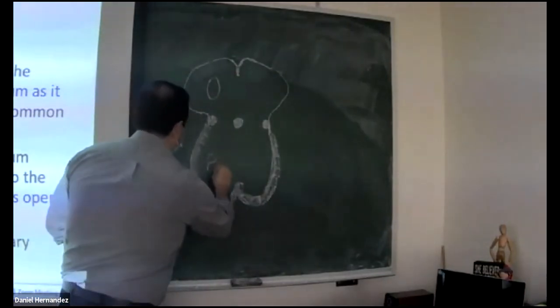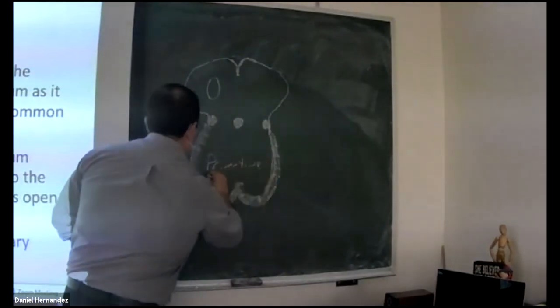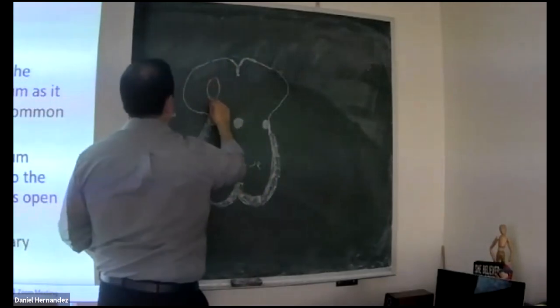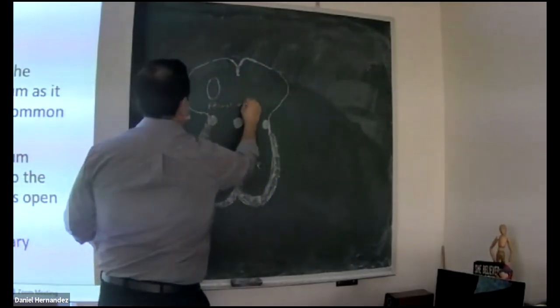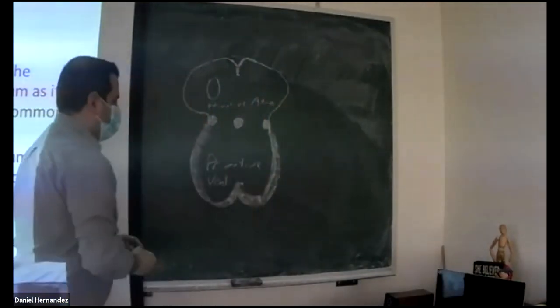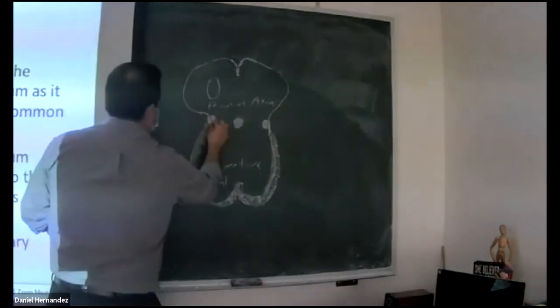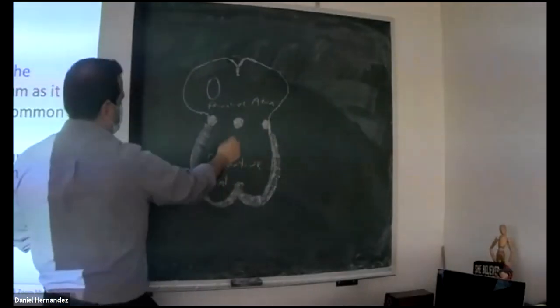This is your primitive ventricles, and your primitive atria. These bright circles in the middle here are your endocardial cushions.